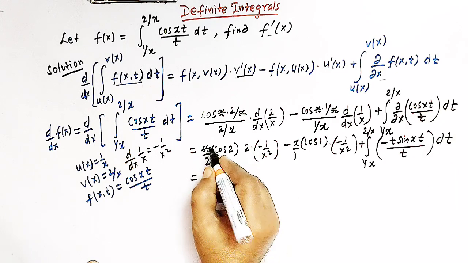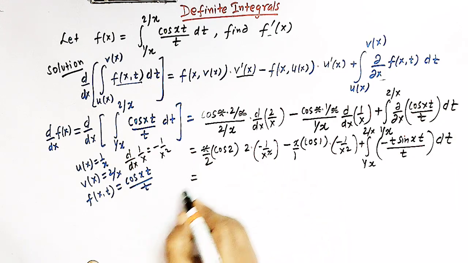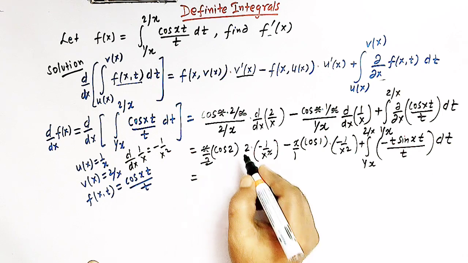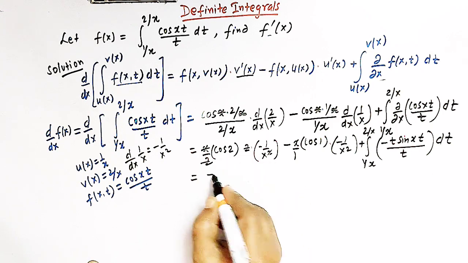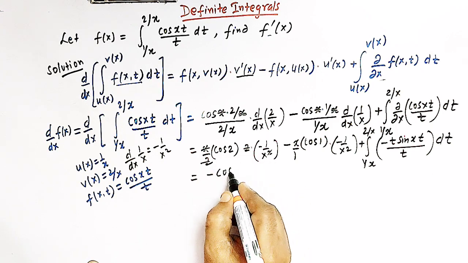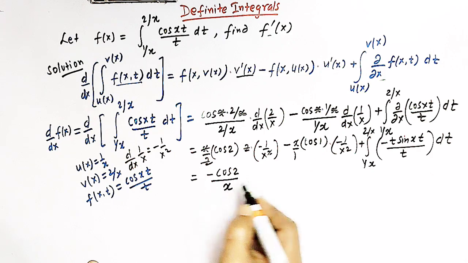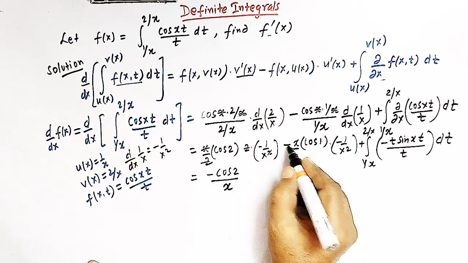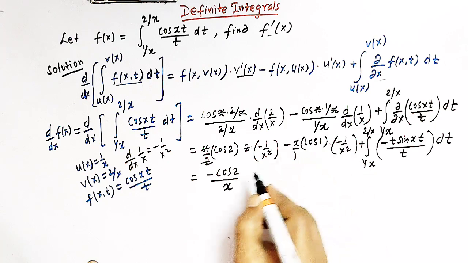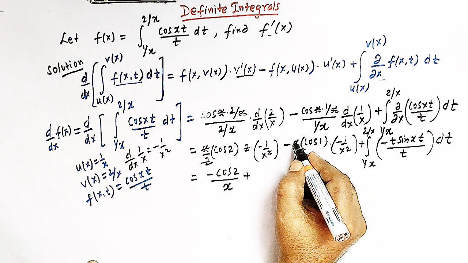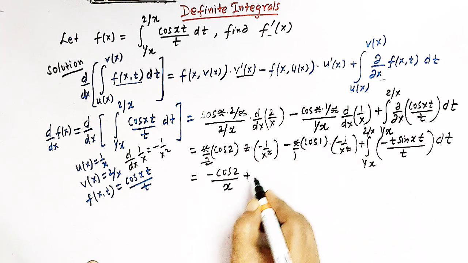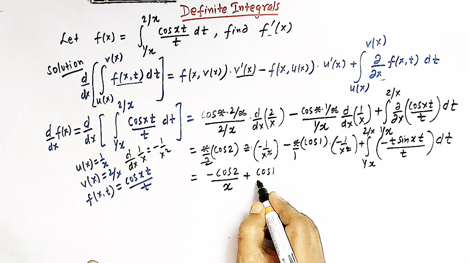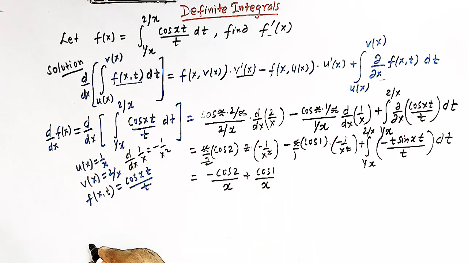So now this x and this x get cancelled, this 2 and 2 get cancelled, so we are left with minus cosine 2 divided by x, because here we are left with 1x, and here minus and minus becomes plus, and this x and this x get cancelled, so we have cos 1 over x, right?